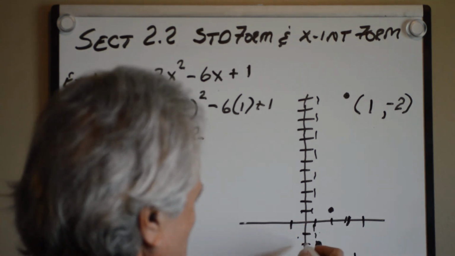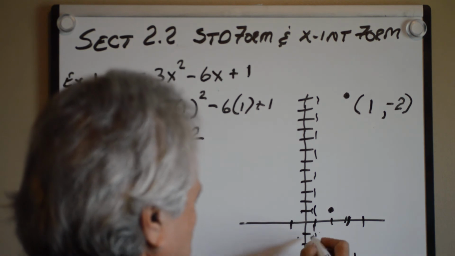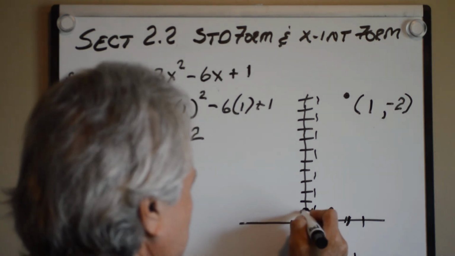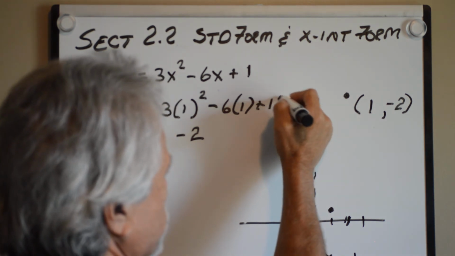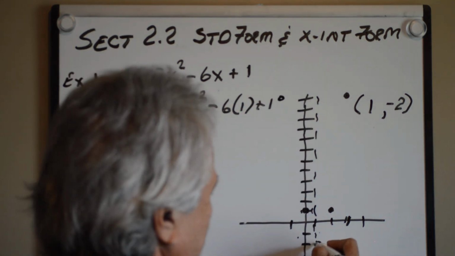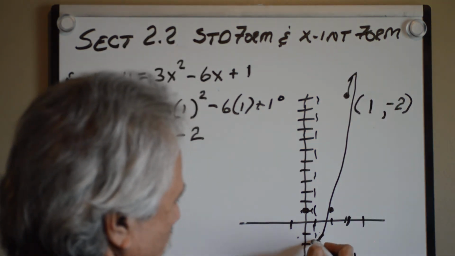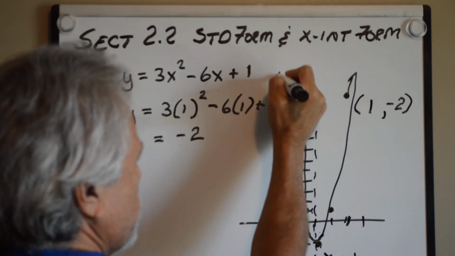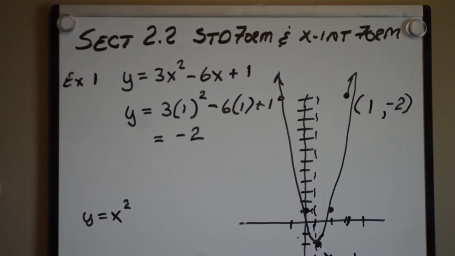This was 1 away from my axis of symmetry, so over here I go 1 away, and it's right there. Over here, this guy was 2 away, so I go 2 away over here. And now I can draw my parabola, which is always a rounded curve. It's a smooth curve. It is not a V shape. And yeah, that's ugly. That's why we always use graph paper.